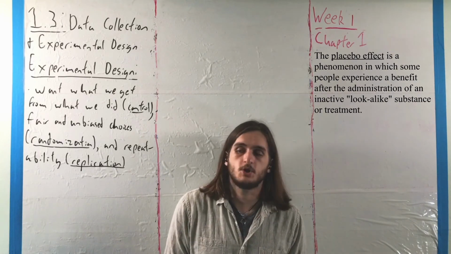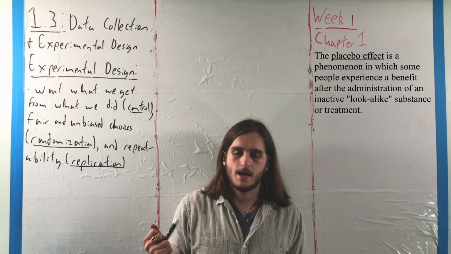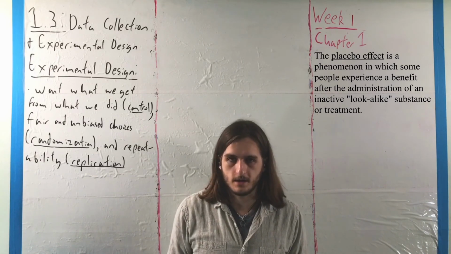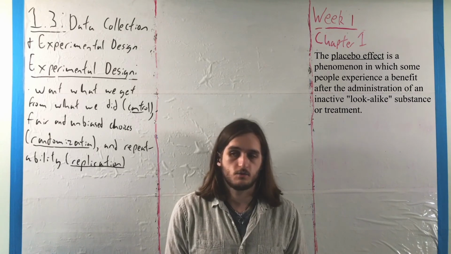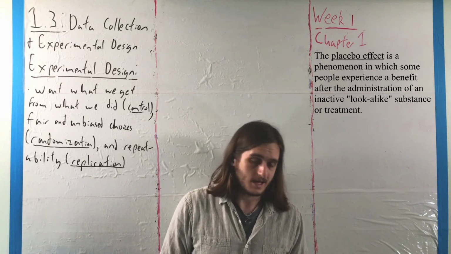So we want to be sure that this is as fair in that way as we can make it, that our results are as representative as we can get them to be.